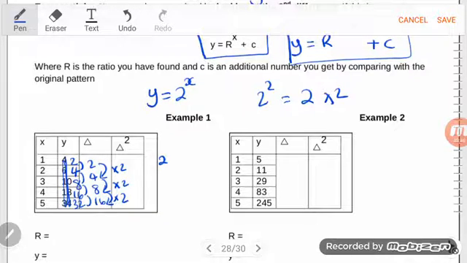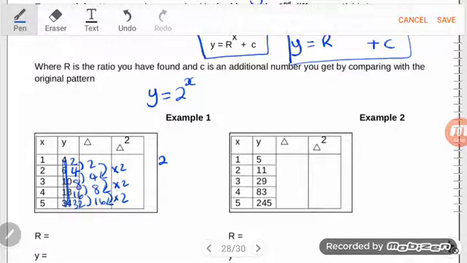That's our second number here. 2 to the power of 3 is like going 2 times 2 times 2, which is 8. 2 to the power of 4 is 16. 2 to the power of 5 is 32. So yes, this is our most basic equation with 2 as our base.